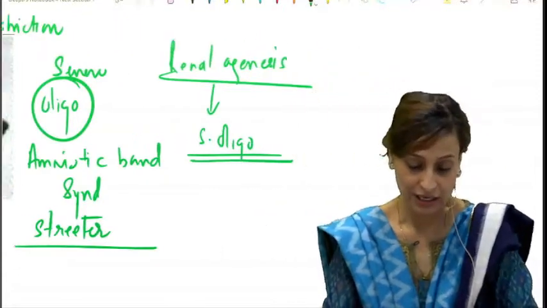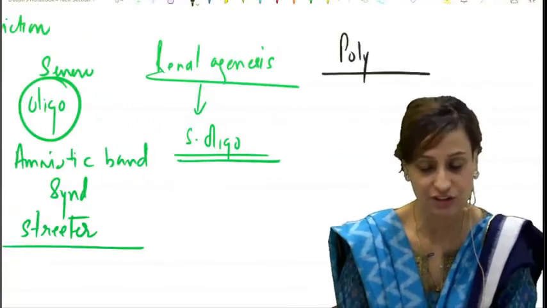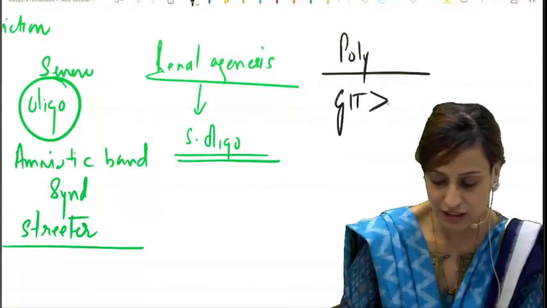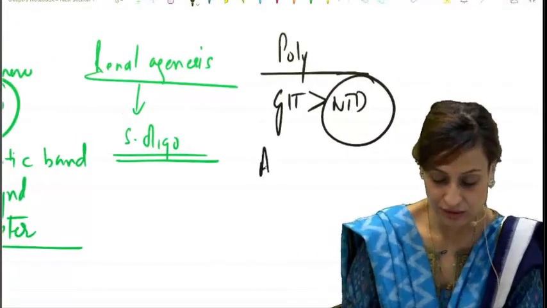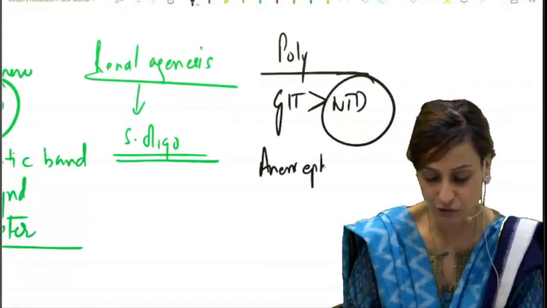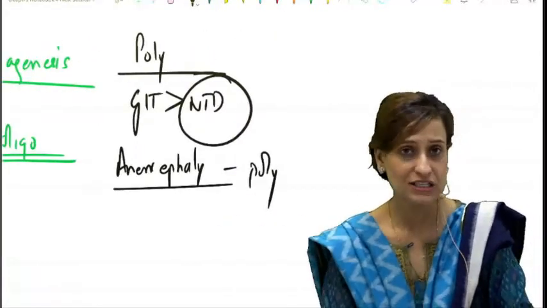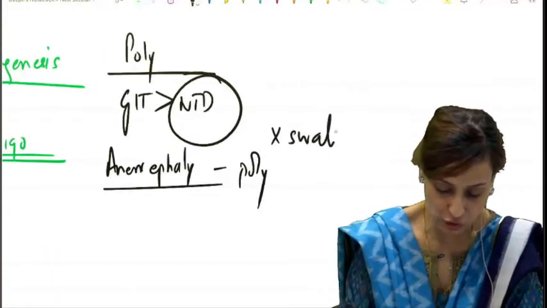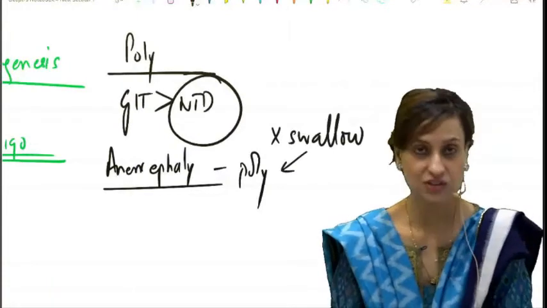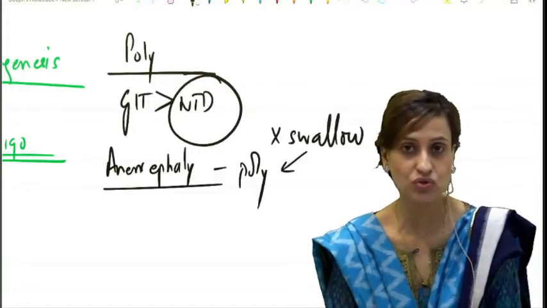The important conditions associated with polyhydramnios are GIT anomalies and neural tube defects. For example, anencephaly, which we've seen before, is associated with poly. The main reason for poly here is absent swallowing. Whenever the baby cannot swallow, it will cause poly, whereas whenever the baby cannot pass urine, it is going to cause oligohydramnios.